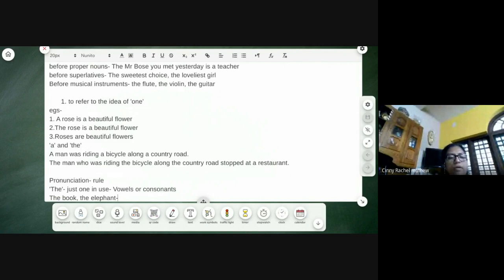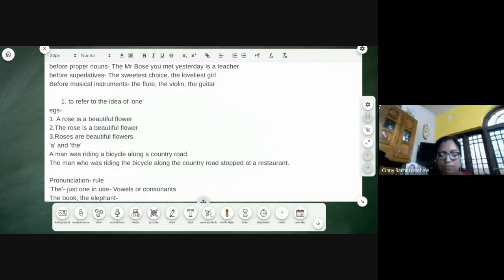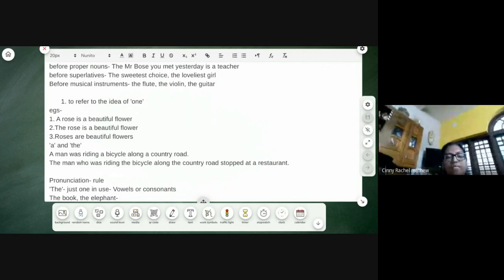Now, the difference here between the, as it is used in front of a noun beginning with a consonant sound, and a noun beginning with a vowel sound, the only difference here would be in pronunciation. For example, you would be saying the book, but the elephant. The book and the elephant, the cloud and the example.